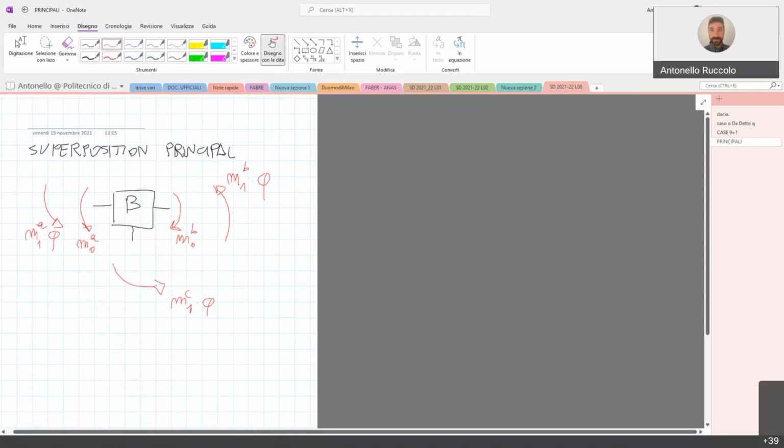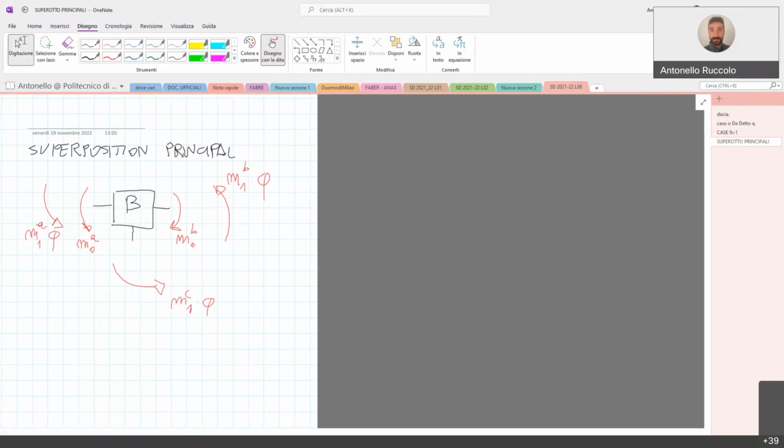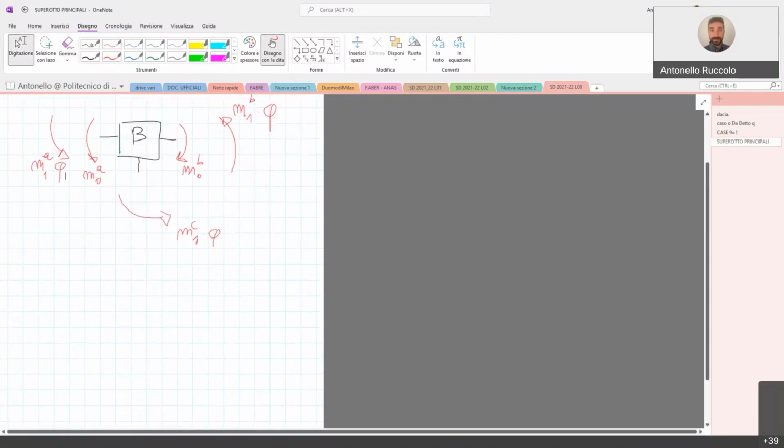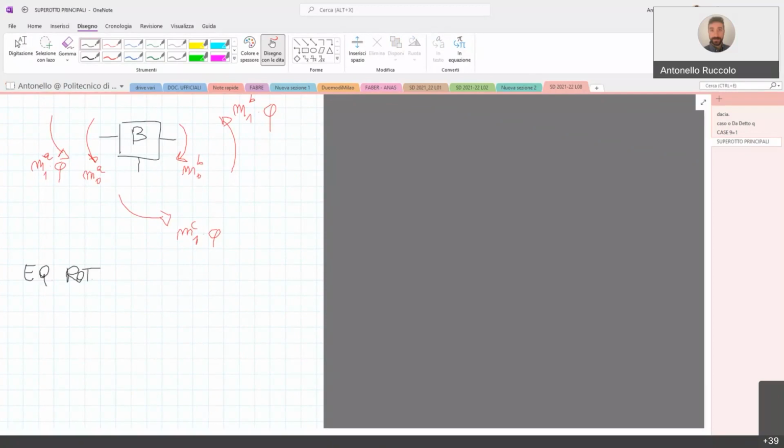We impose the equilibrium to the rotation in the node B, and what we get is M0A.